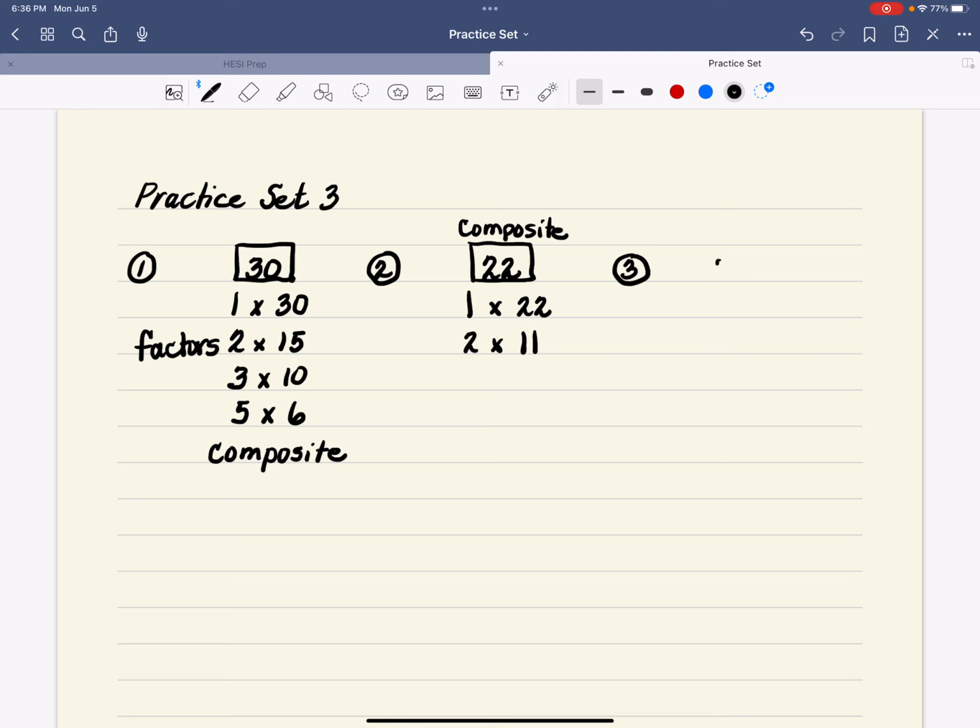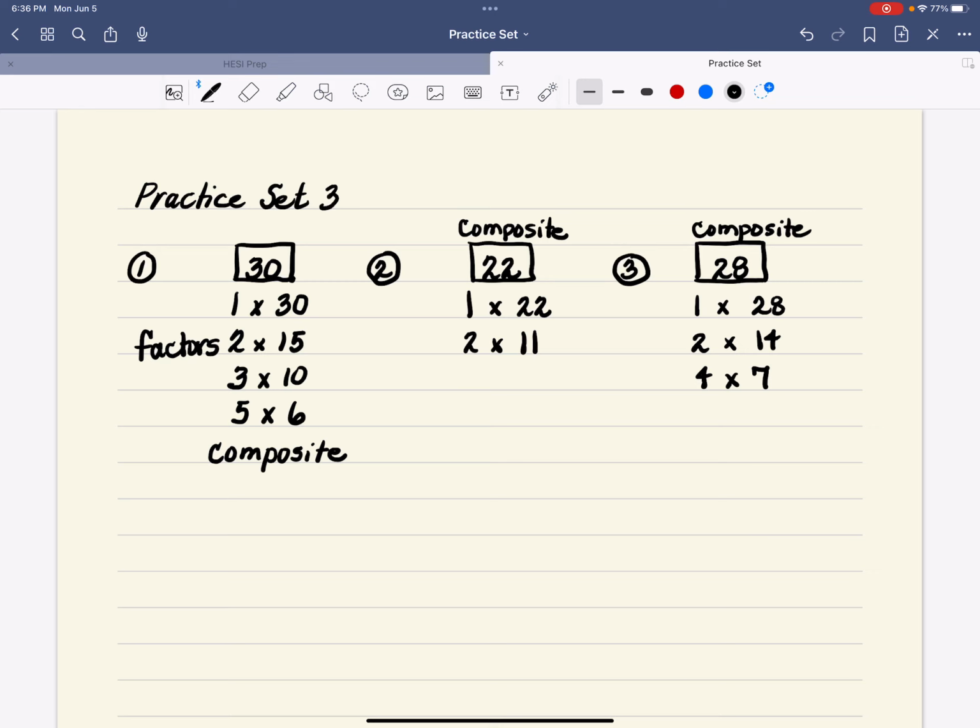Number 3 is the number 28. So definitely not prime. I know it's divisible by 2 because those are both even. So we would have 1 times 28, 2 times 14, and 4 times 7.